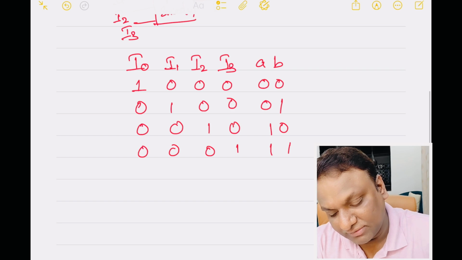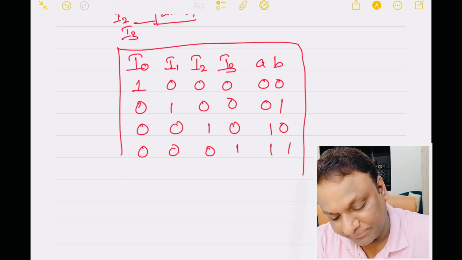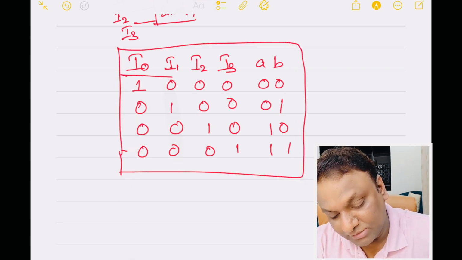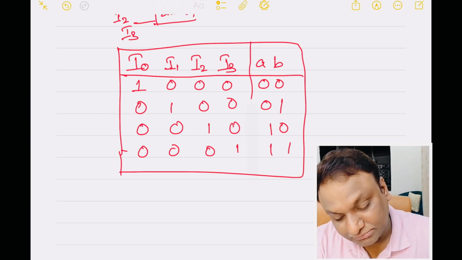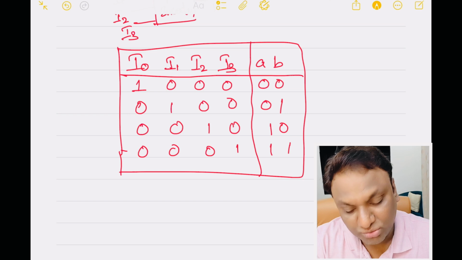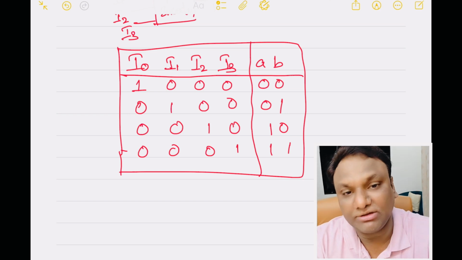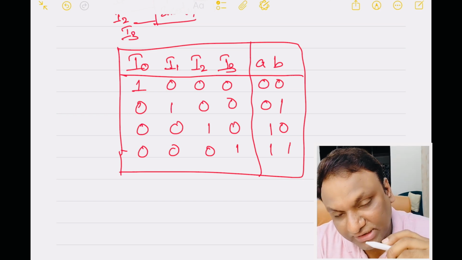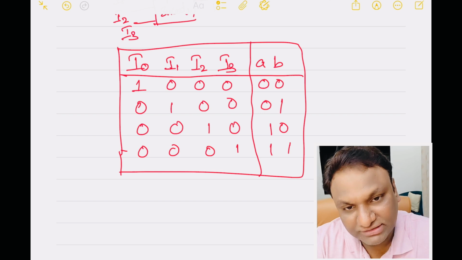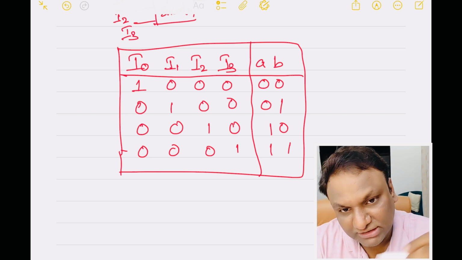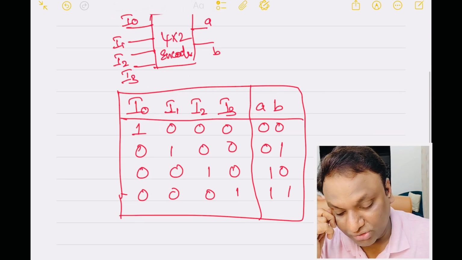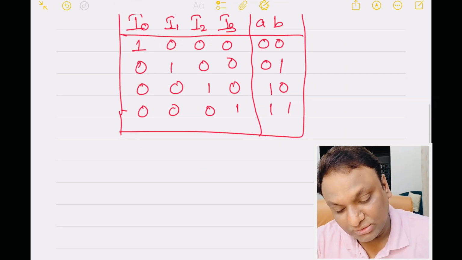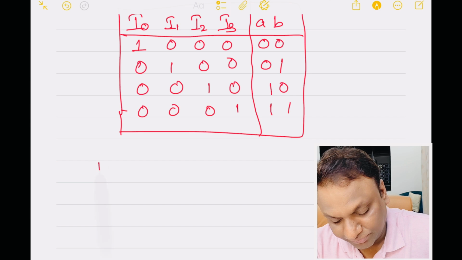Because there are 2 power n inputs, I can have many combinations, but the output of an encoder is defined only for a specific set of inputs.